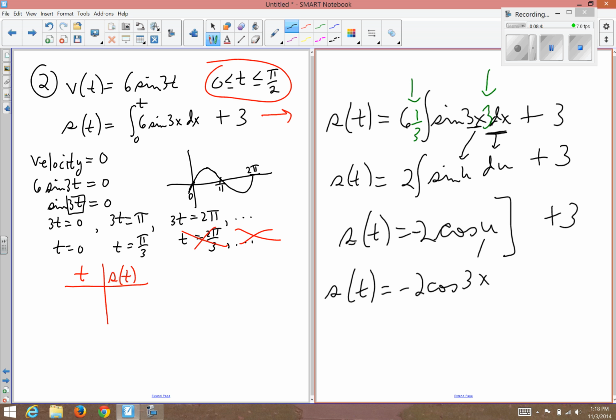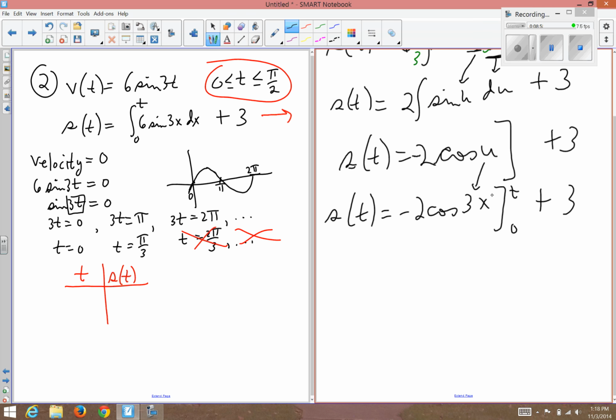The thing I erased said that u equals 3x. But this is an integral from 0 to t. That plus 3 at the end just keeps getting brought down. This bracket symbolism means S of t equals, anywhere I see x I'm going to put t, negative 2 cosine 3t, and then minus negative 2 cosine 3 times 0.